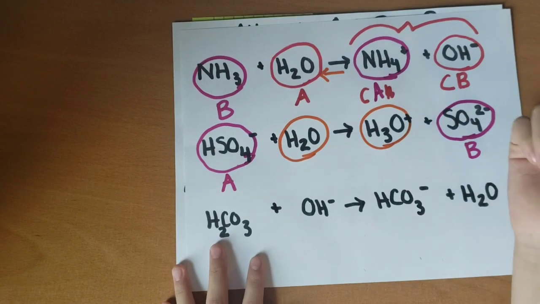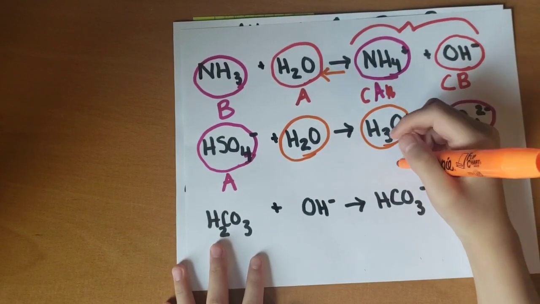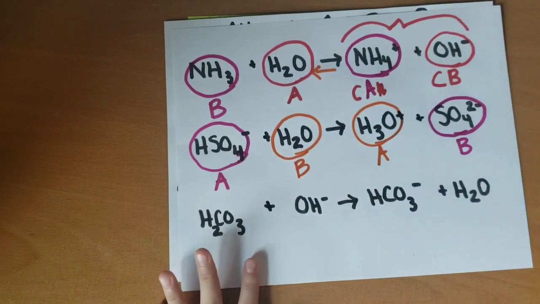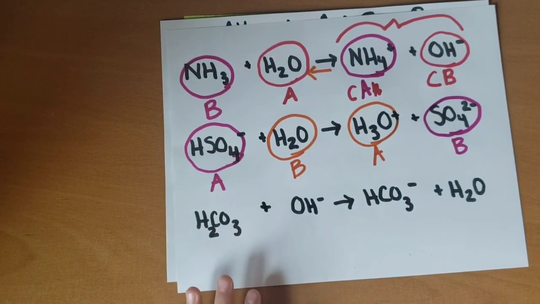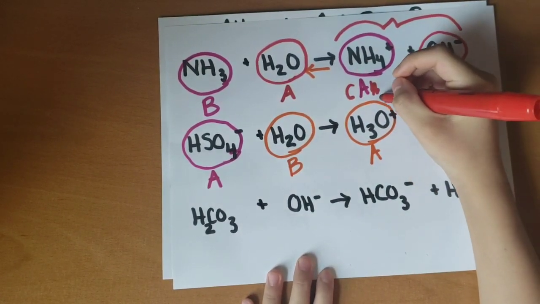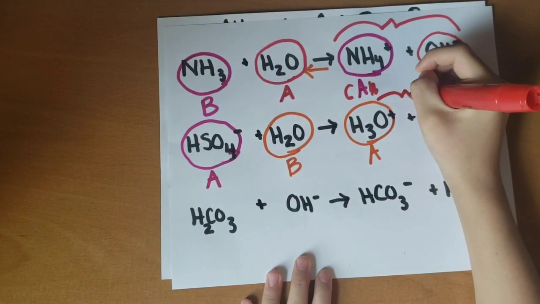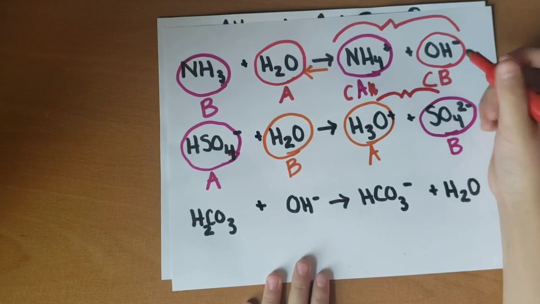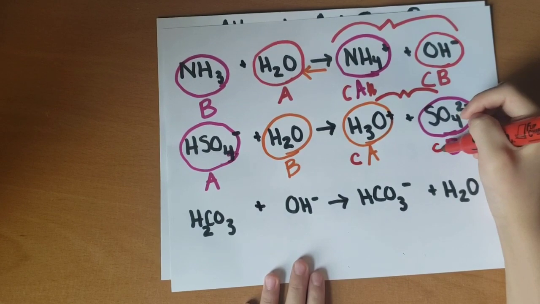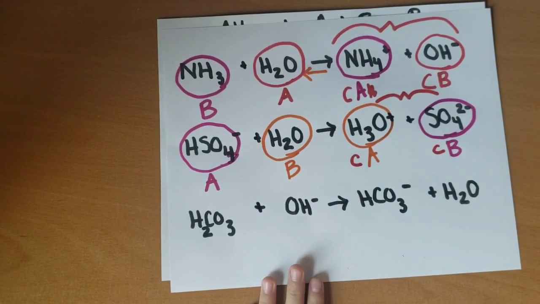And again, we are going to use this knowledge to know that this is the acid and this is the base. Again, looking for the conjugates on the right side of the arrow, this would have been the conjugate acid and this would have been the conjugate base. All right, very nice. Last one.